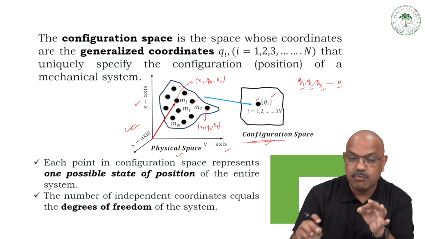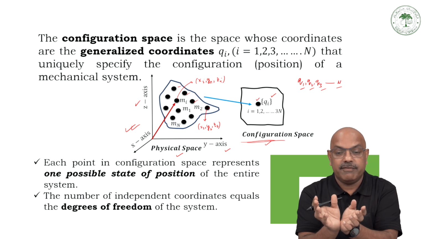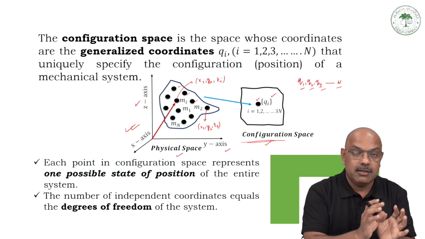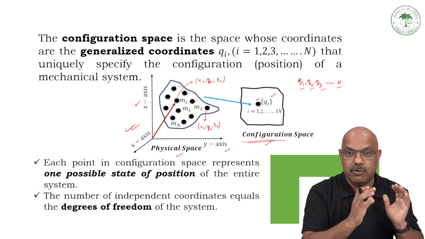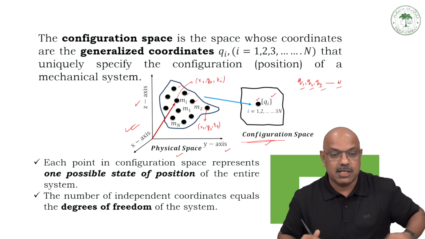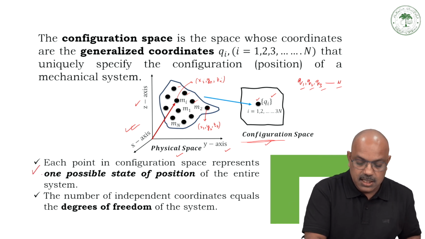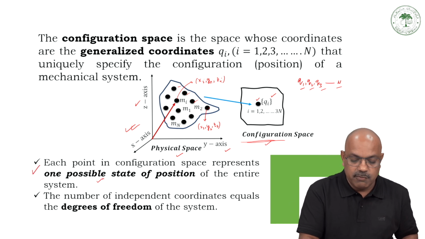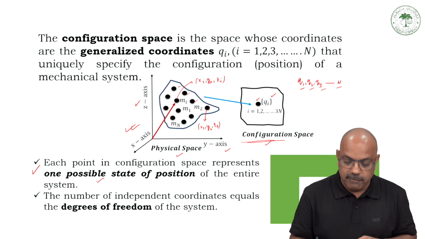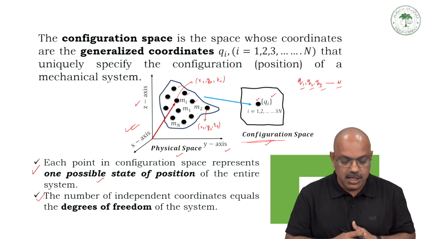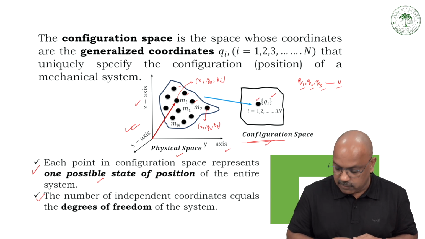The second point will give you the second configuration of the system. That is the difference between your physical space, or very crudely your Cartesian space, and the configuration space. So each point in configuration space represents one possible state of the position of the entire system, and the number of independent coordinates equals the degree of freedom of the system.